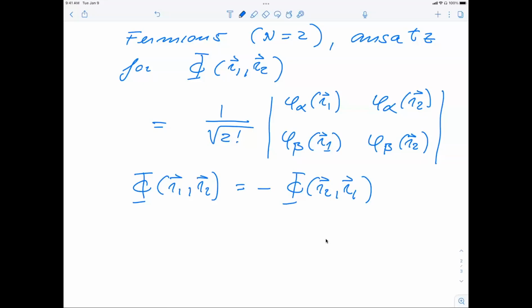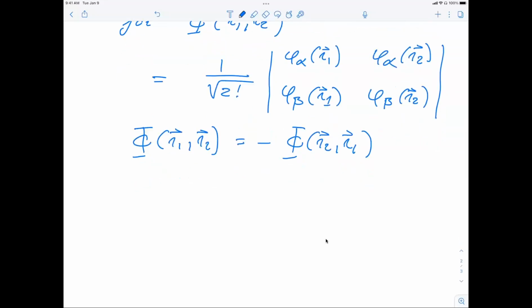Let's go through things in what people call the first quantization representation. What we're going to do now is take this state and rewrite it in a compact way. So this phi, I'm just going to skip the different coordinates and call it phi.